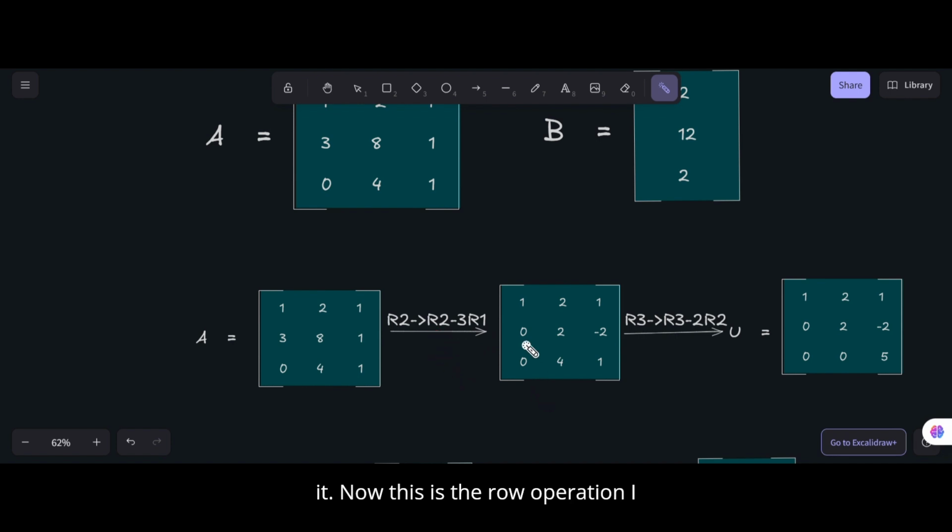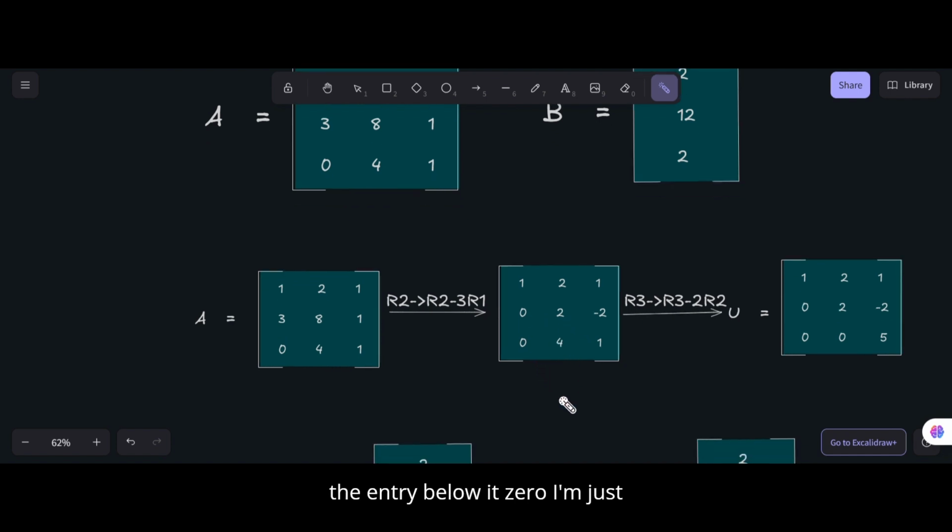This is the row operation I performed, and now this entry has become 0. This one is already 0, so I will move to the next row and look for the first non-zero entry. So this one is already 0, so I move rightwards to the second entry. Now I will use this as my pivot to make the entry below it 0.